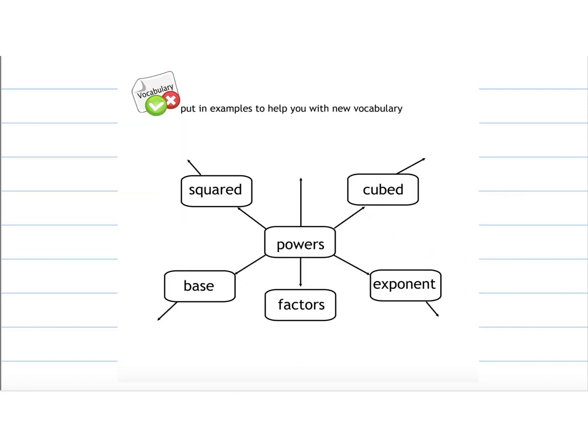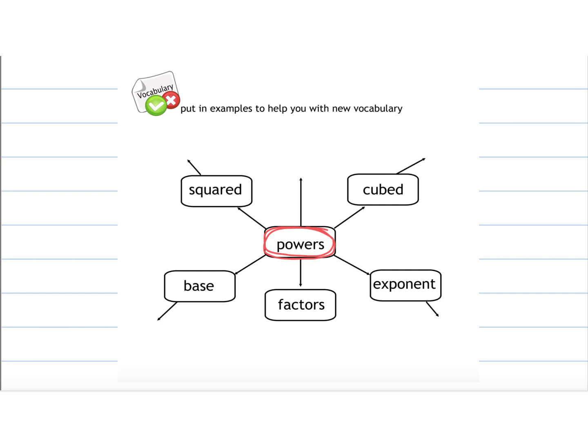This is also something that I would like you to write in your notebook because these are really important vocabulary words. So if you want to pause and write this web of words really quick, you could do that. Otherwise, you could pause it after I'm done and write it in. So powers, okay, we start with powers, and all of these things have to do with powers.